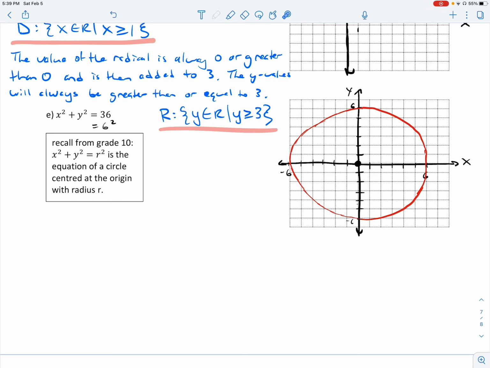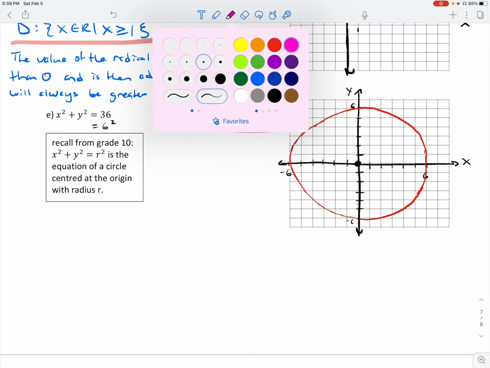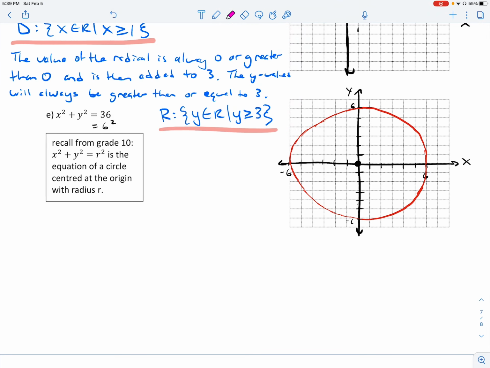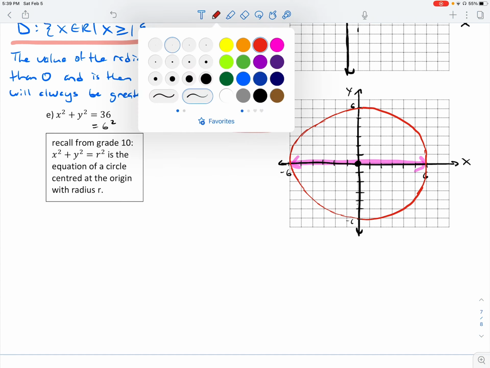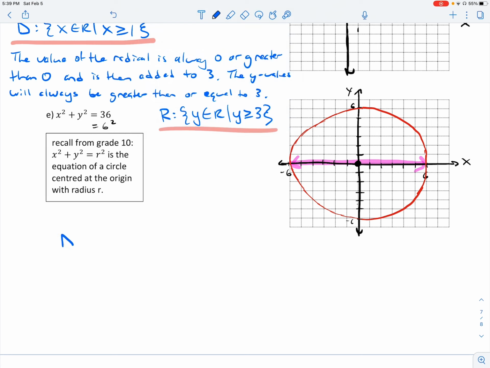So the domain for this, all my x values that are used, well, my x values range from -6 to 6. I only use those in here from there to there. Nothing outside of that. So we can say the domain, x is an element of the real number system, and x goes from -6 to 6.